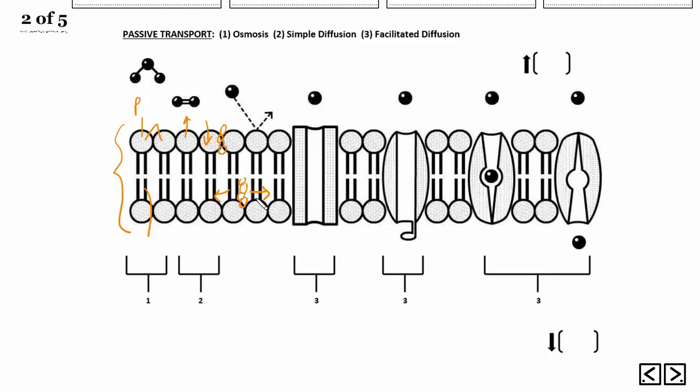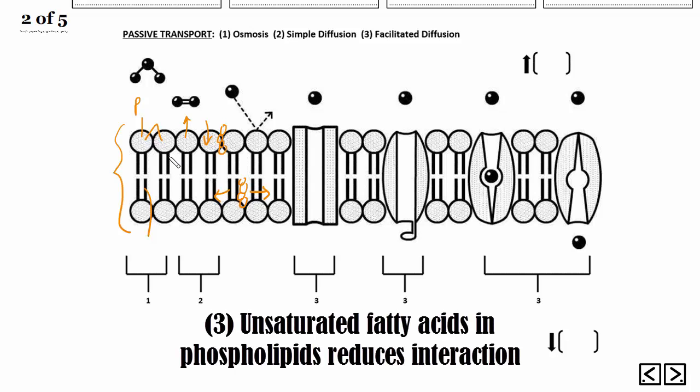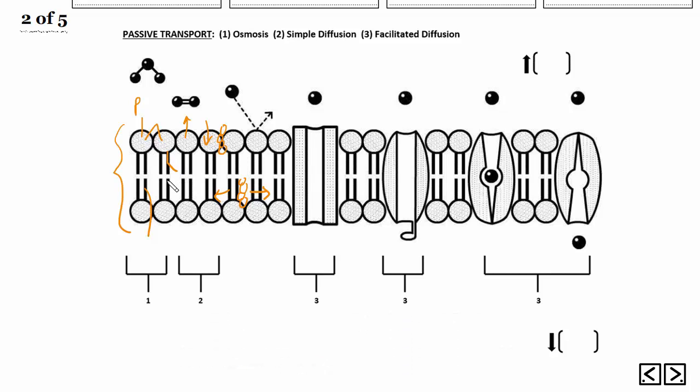And that creates more fluidity. It's not a rigid structure. And also, some of the fatty acid tails on the phospholipids are unsaturated, and therefore they kink and they push the adjoining phospholipids aside as well. So this can happen throughout the membrane.